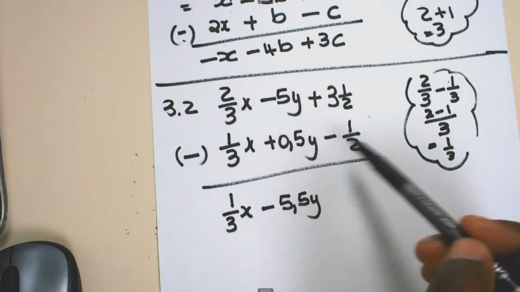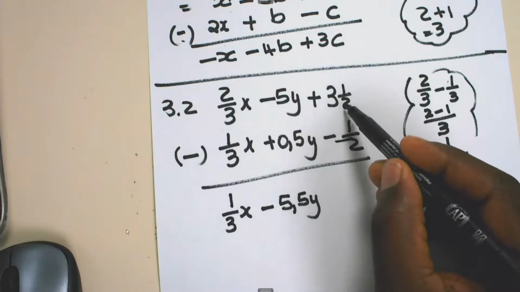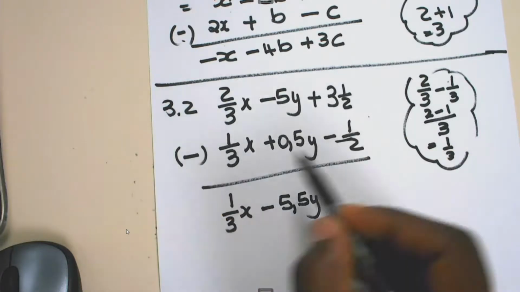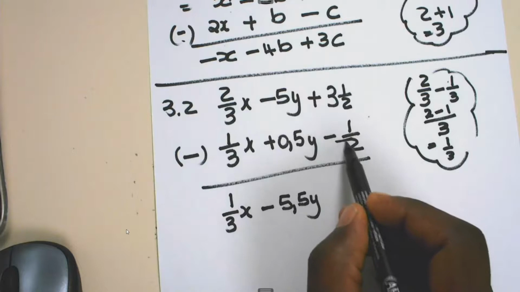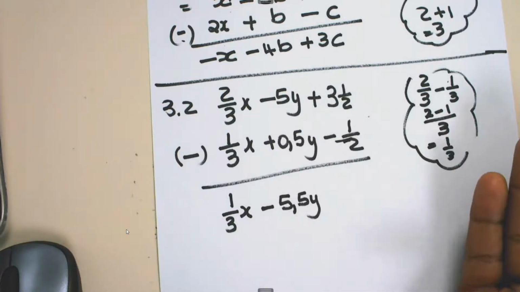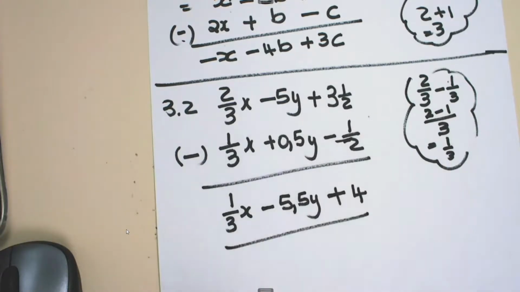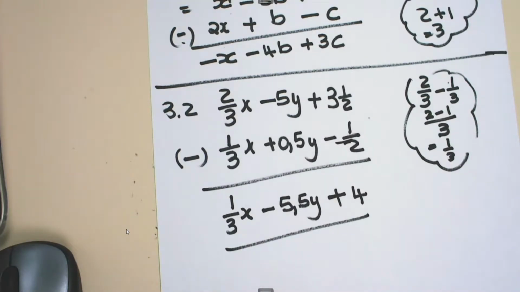You subtract negative half. If you subtract another negative, it's like adding. So if there are 3.5 apples, you add another half apple, you get 4 apples. Can you see that? As easy as that.